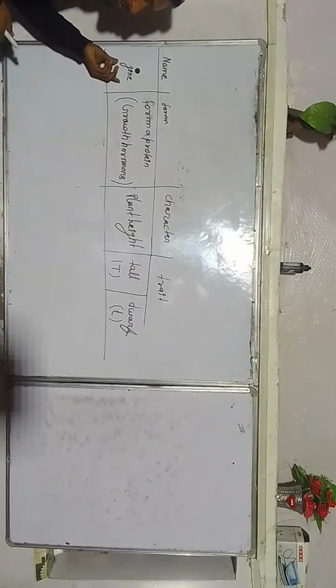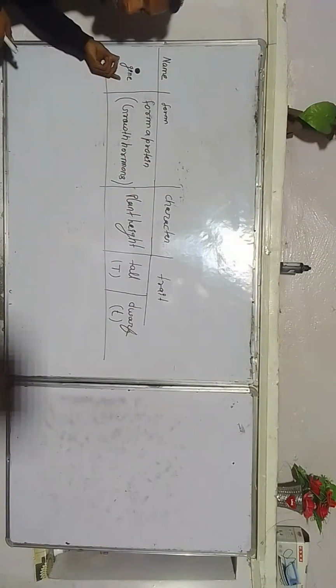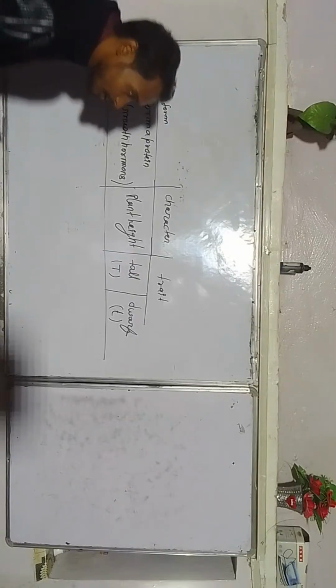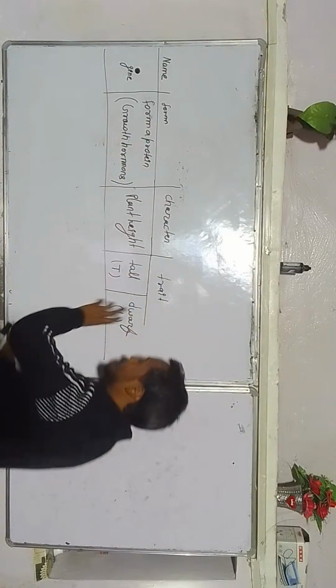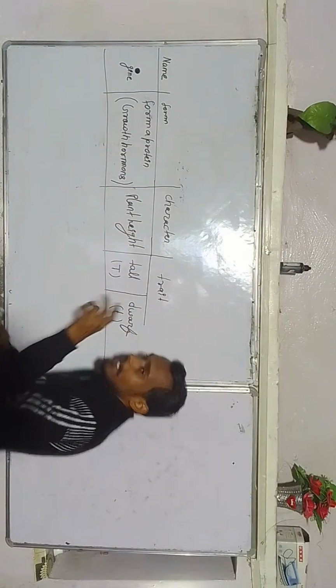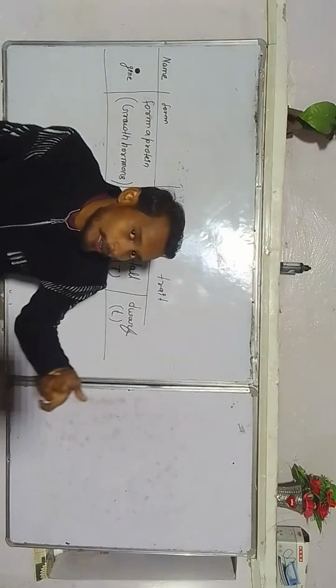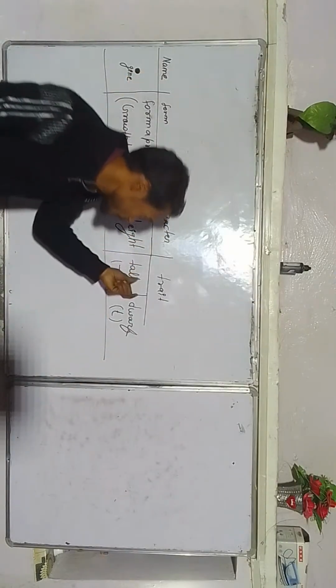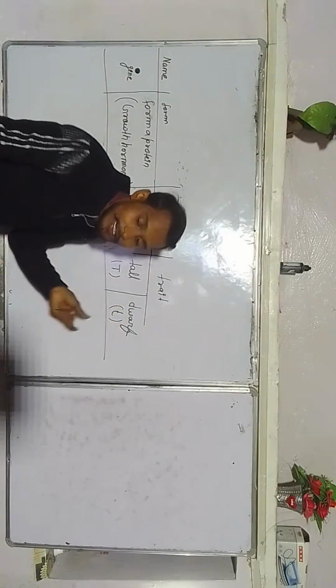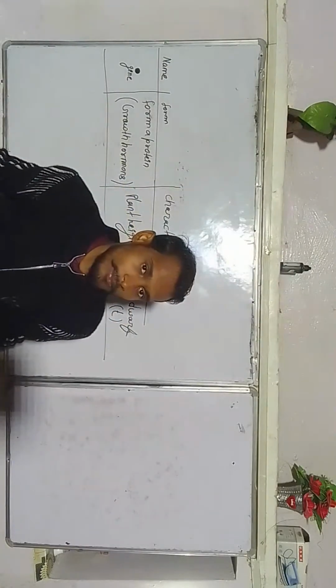But we have one gene, and the two slightly different forms of the same gene are called alleles. So this is the allele and this is the allele. You have one gene and two slightly different forms.